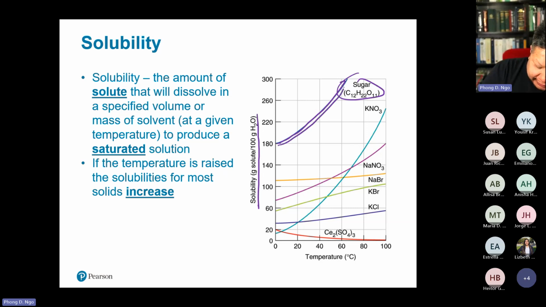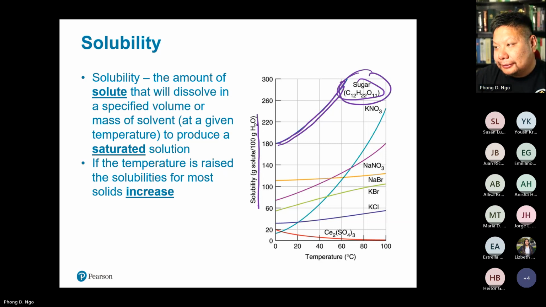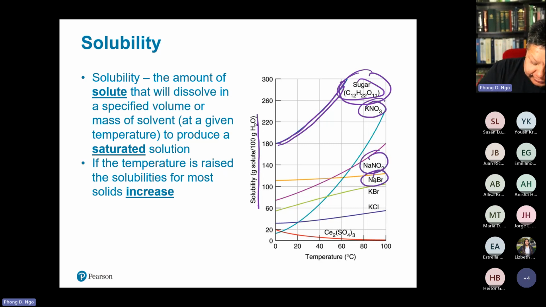Because the hotter the water gets, the more sugar can dissolve. The same thing is true of a lot of other compounds too, like potassium nitrate, sodium nitrate, sodium bromate, potassium bromide, all those salts.